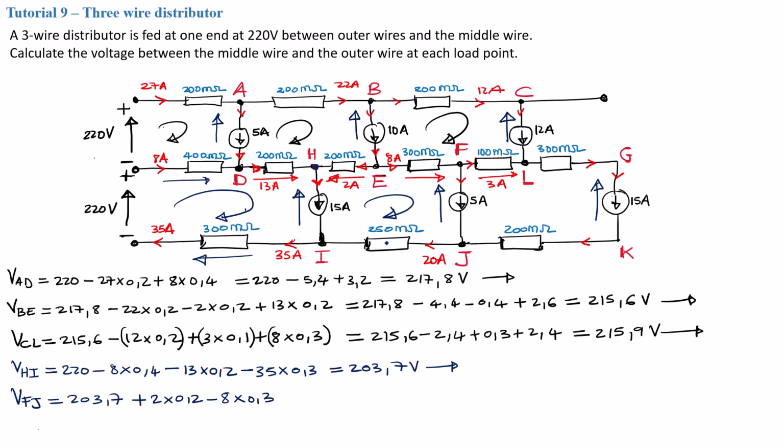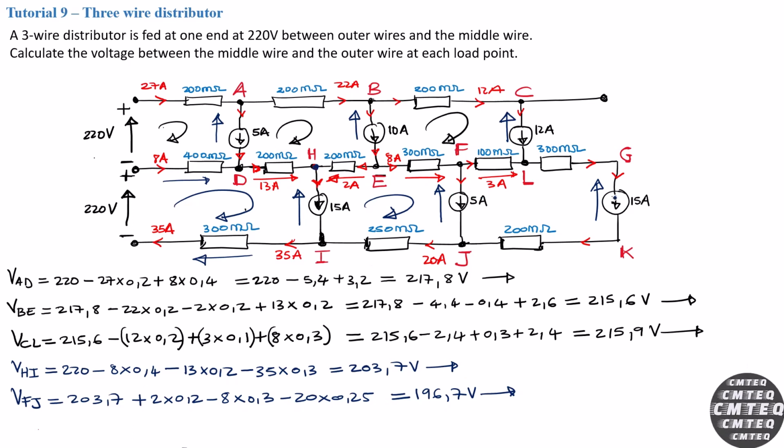Okay, and this is the same direction, so it's going to be minus 20 times 0.25. Okay, and summing it up gives us a value of 196.7 volt. So that is the voltage across FJ.